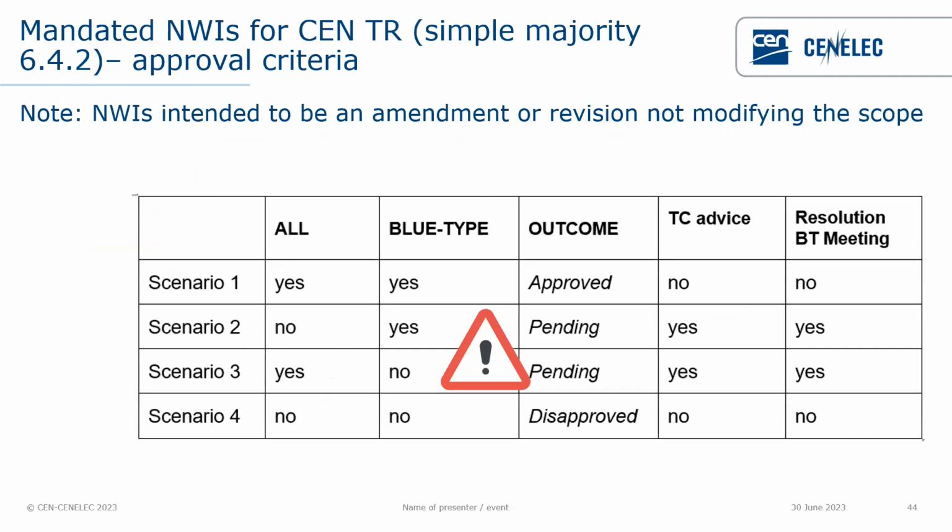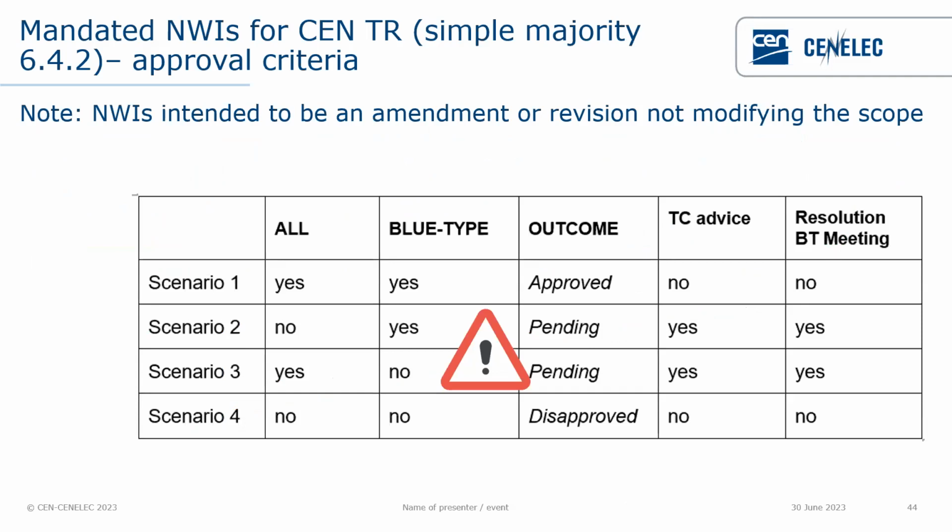Now, the other scenario of new work items intended to be a TR or an amendment or revision not modifying the scope. So it goes by simple majority.